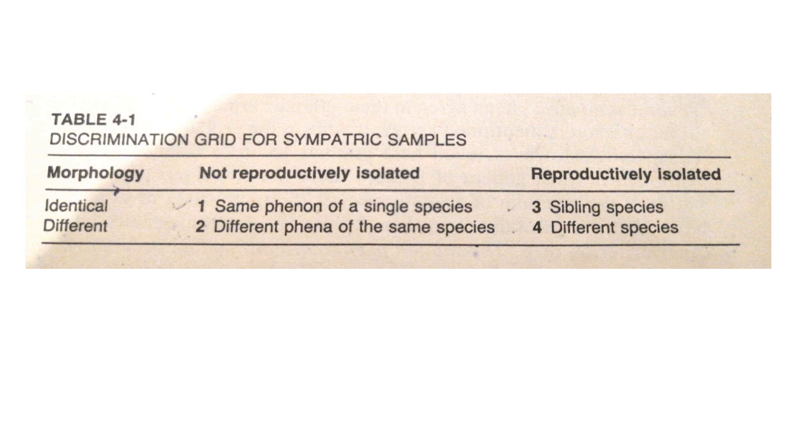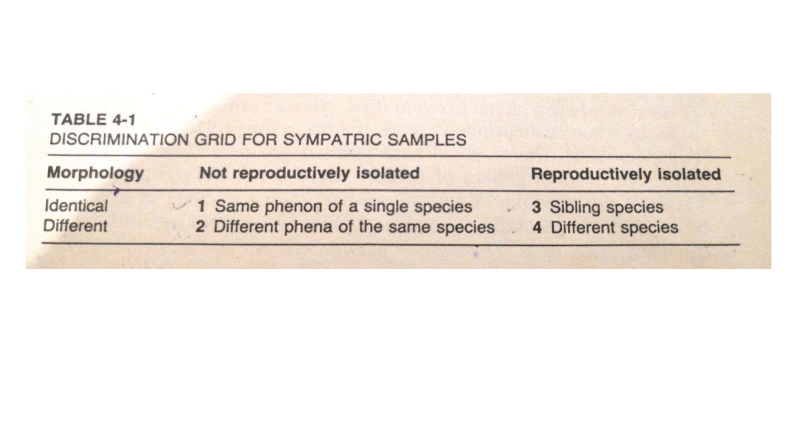If we are considering morphologically identical individuals, they might have reproductive isolation, or they may not. If they have reproductive isolation, then they are called sibling species. The members of a population that have identical morphology, however are reproductively isolated, belong to sibling species. And if they are not reproductively isolated, they are called the same fauna of a single species.